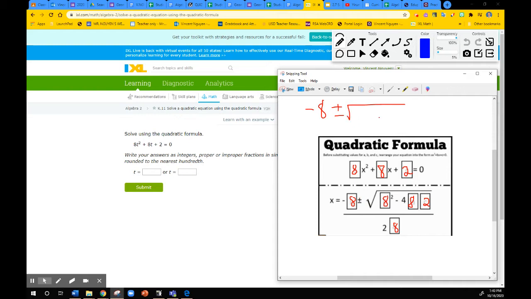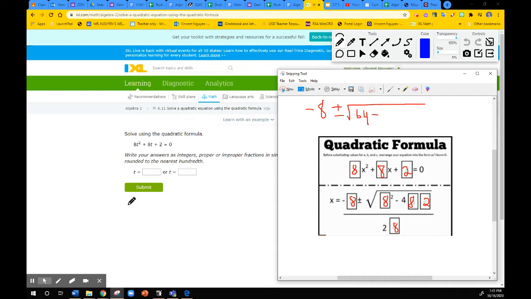Now you can simplify this without a calculator if you want to, but a calculator might help when the numbers get a little wackier. 8 squared is 64. Minus, we got to take care of all of this multiplication here. So this is, what is it, 32, right? 4 times 8 is 32, and then times 2 would be 64.